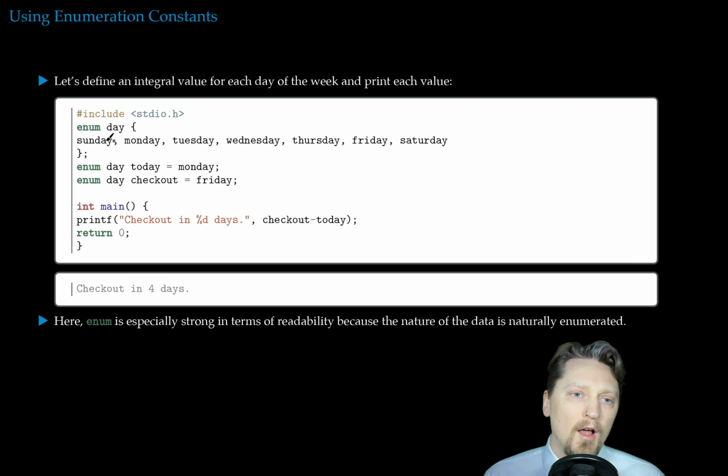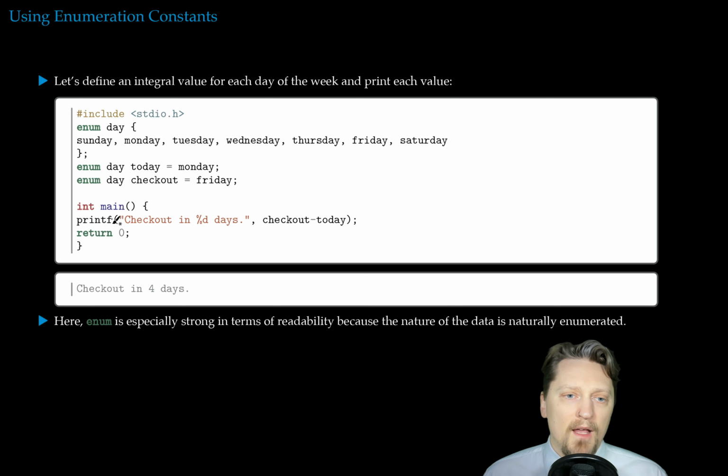So our enum, which we'll call day: Sunday, Monday, Tuesday, Wednesday, Thursday, Friday, Saturday. These will be the values of the enum type, day. So we can declare, define, and initialize today to be an enum day, Monday, and checkout to be Friday.